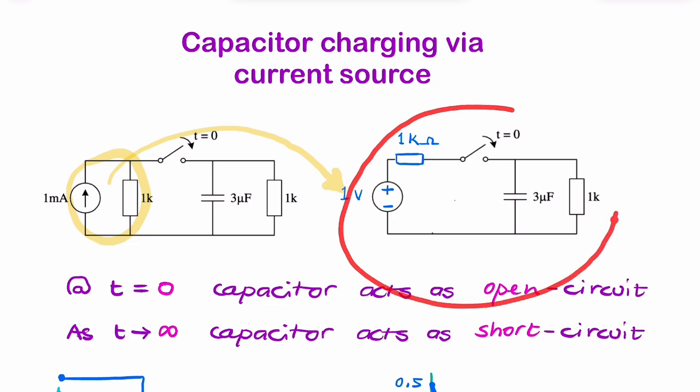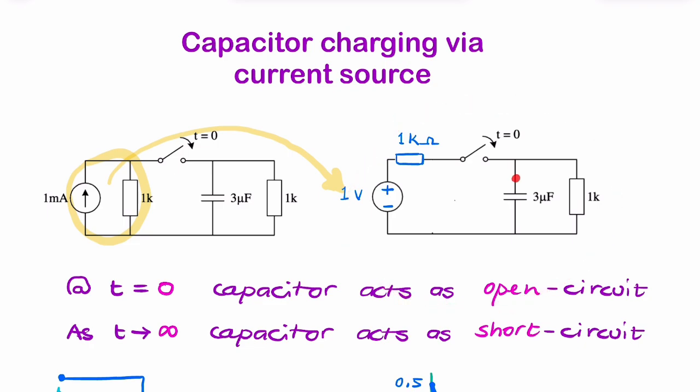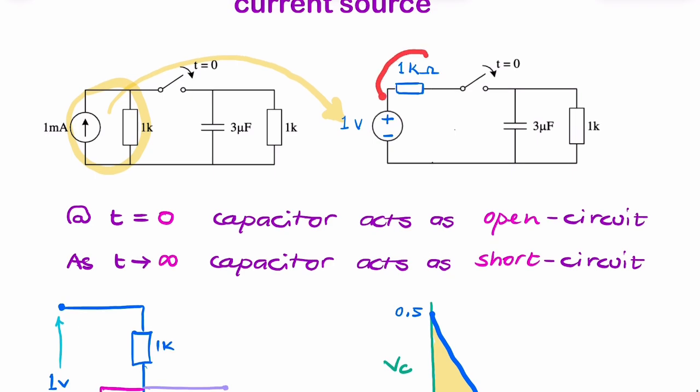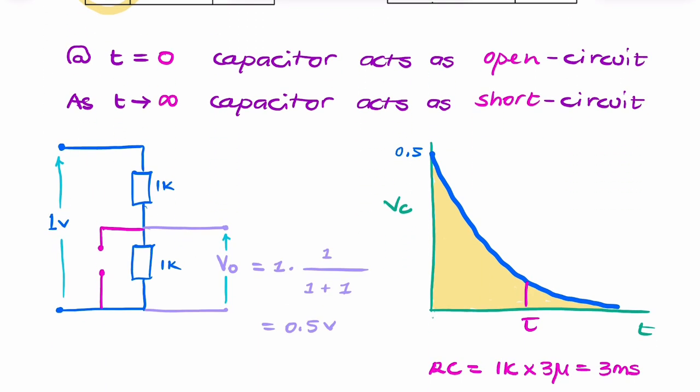So we can redraw this circuit, removing the capacitor, replacing it with an open circuit. So your capacitor is removed, your voltage source 1 volt, this is the 1 kilo ohm resistor that was in series with it, and this is your second resistor.